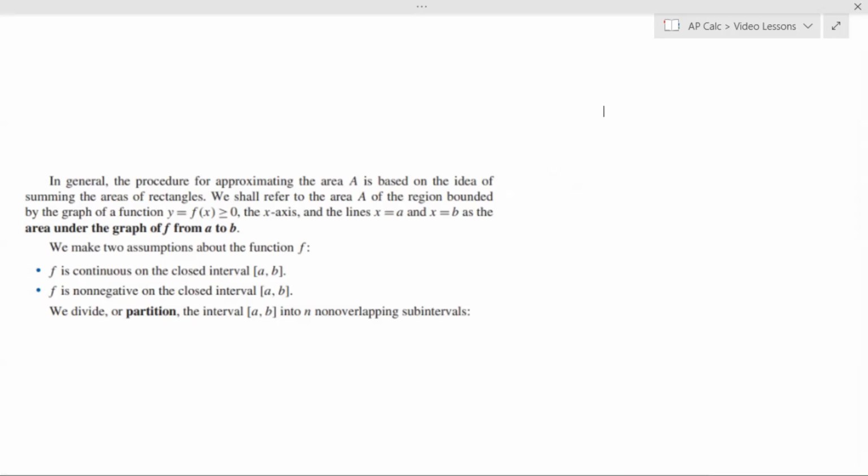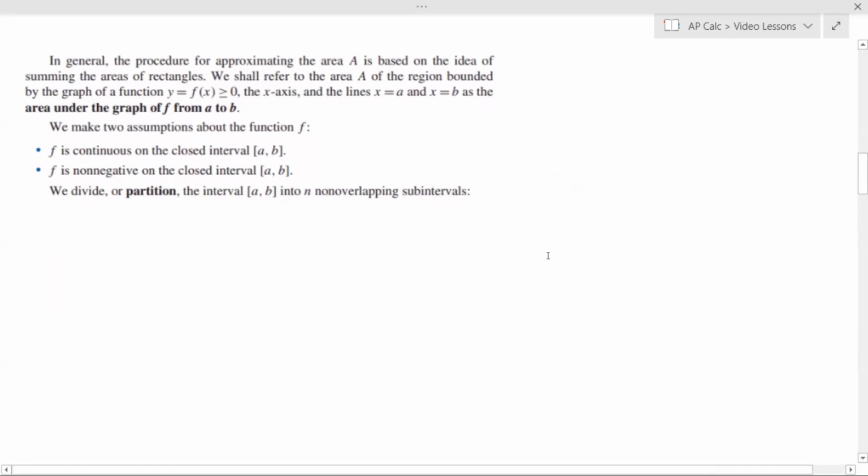Now we're going to divide that interval into n non-overlapping intervals. So if we go from a to b, we're going to divide it up into intervals. So this would be like x1, x2, and all the way up to xn.